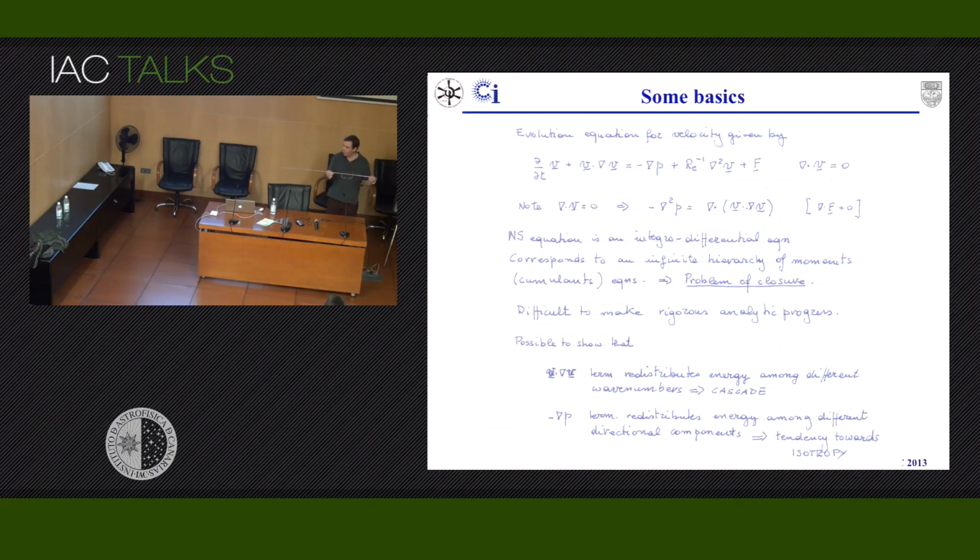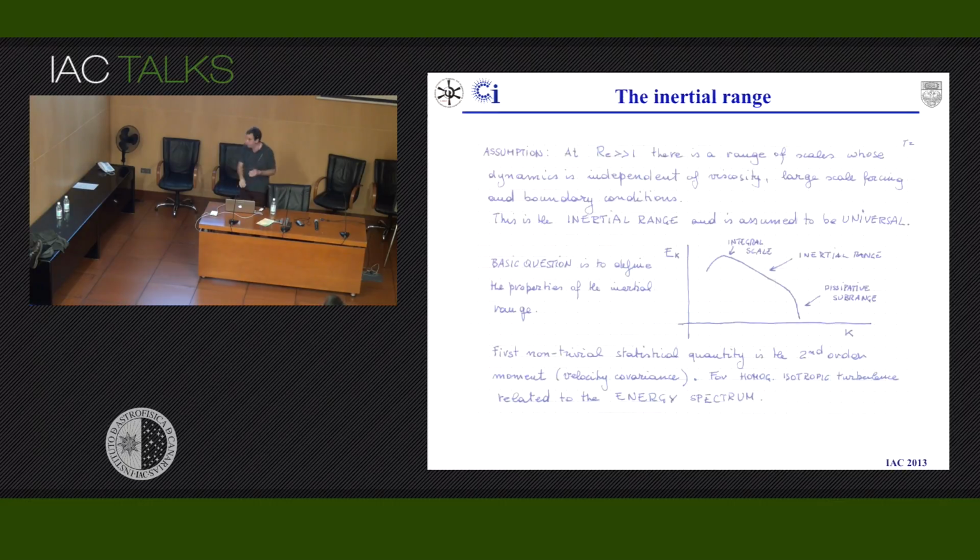So if you have flow that is mostly going that way, the effect of the pressure term is to take all the energy going that way and to try to redistribute it into energy going that way and that way, until eventually you have about the same amount of energy going in all three directions. So this thing drives a cascade, and this guy drives a cascade towards isotropy. So the effect of the pressure term is to isotropize the cascade. Okay? That is not always the case. It will definitely not be the case in MHD.